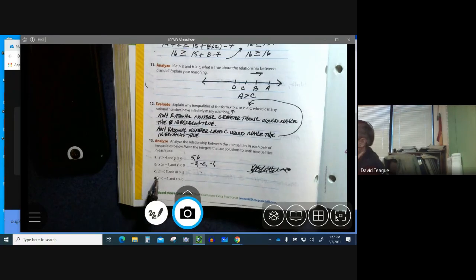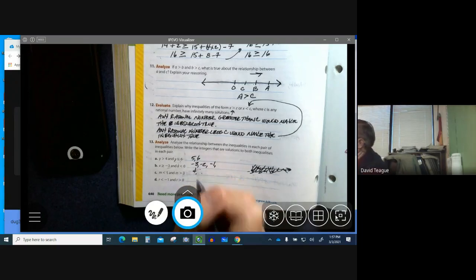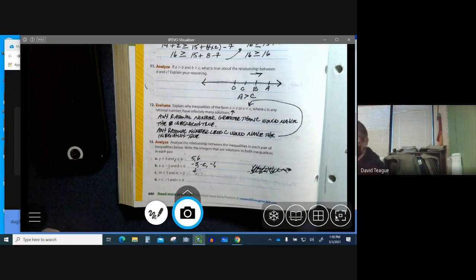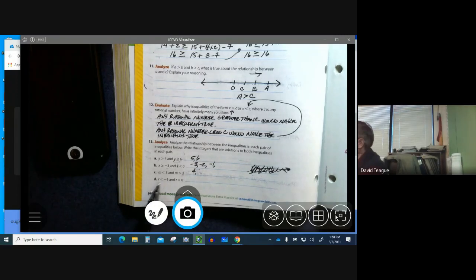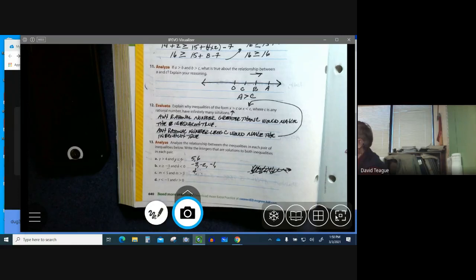Okay, C. M is less than 5, but M is greater than 3. What do you think? 4. 4, you're absolutely correct. 4 is the only number that will satisfy that. Okay, but last one, R is less than -1 and R is greater than 0.